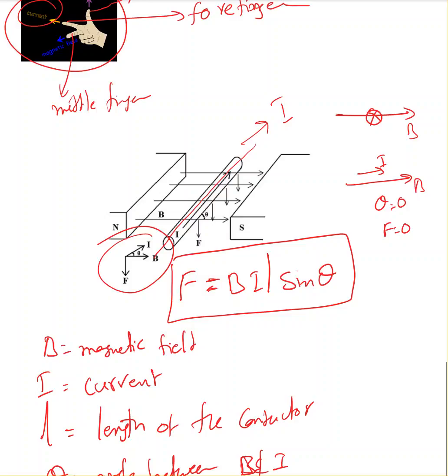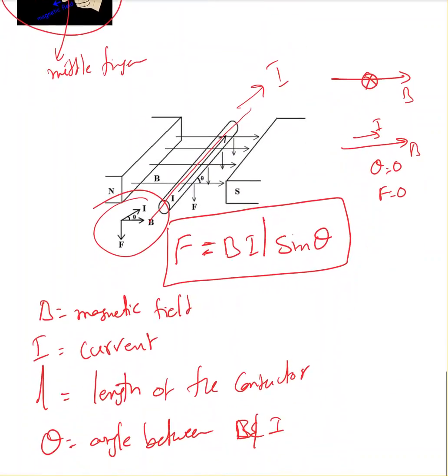Make sure that you point your middle finger towards the magnetic field direction, and the current is going into the board in this case, or in the paper. Now the conductor is going to experience a force towards down. That's what the right hand rule indicates. So from this video we learned that if we place a current carrying conductor in a magnetic field, it will experience a force, and we learned the direction of that force.